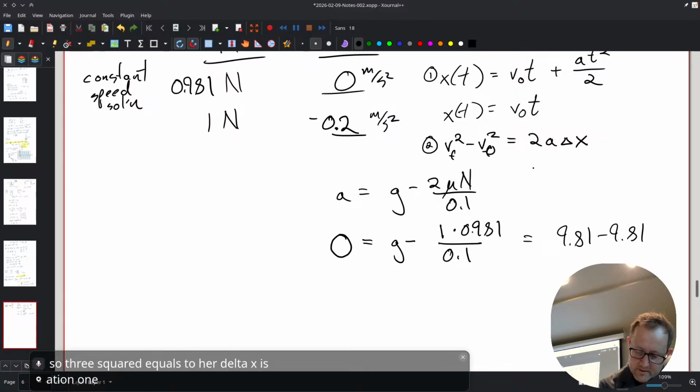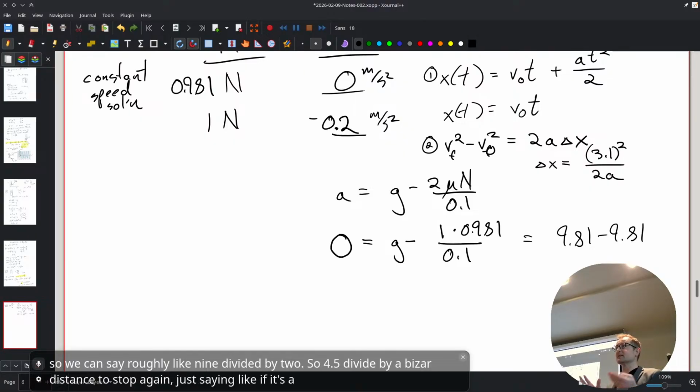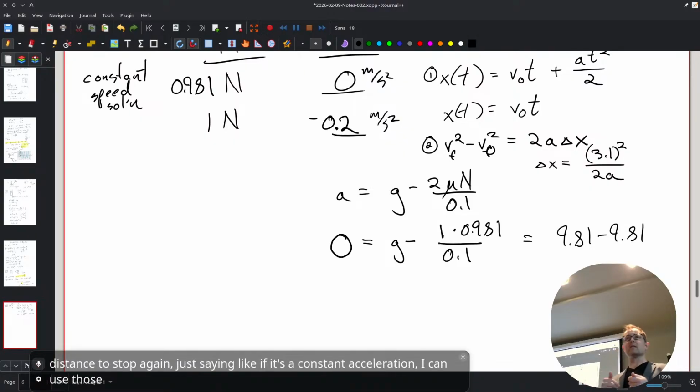Equation 1, equation 2. So we can say roughly 9 divided by 2, so 4.5 divided by a is our distance to stop. Again, if it's a constant acceleration, I can use those kinematic equations.